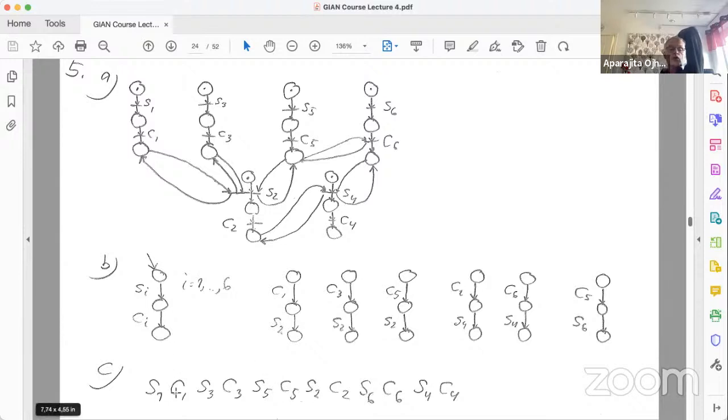Actually, to start all these three operations at the same time, or rather, you shouldn't wait for S3 to start until S1, or operation 1, has been completed. So in that way, try to start as much as possible. It generates, of course, a much more efficient solution.